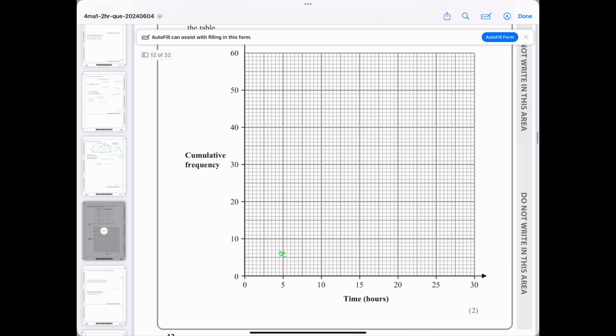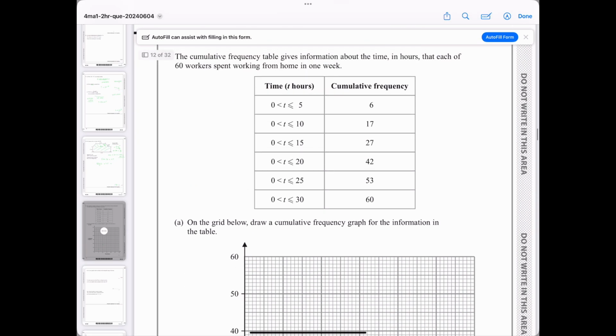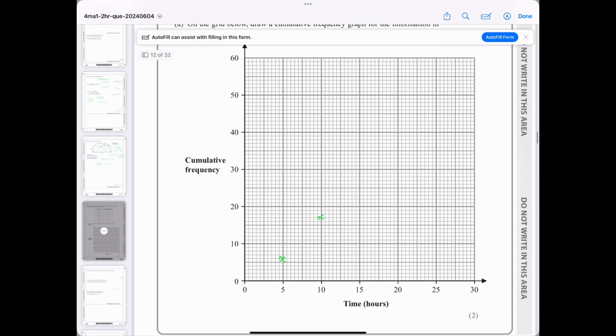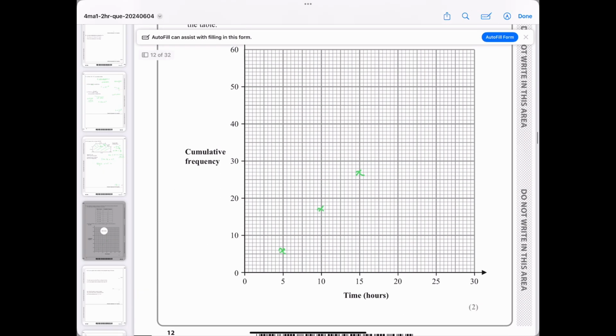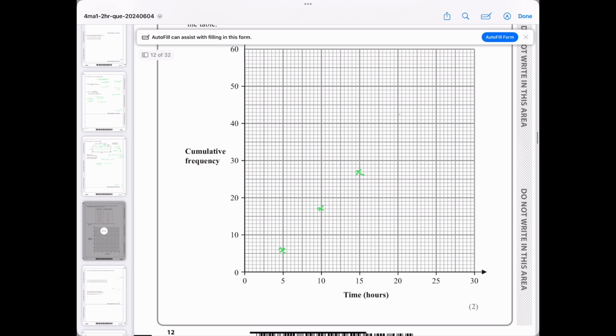10, 17. This is when it's quite hard doing this because you just, 15 is 27. Make sure you get the points right, otherwise you lose points. 20 is 42. I say that as somebody who doesn't always look where I'm putting things.